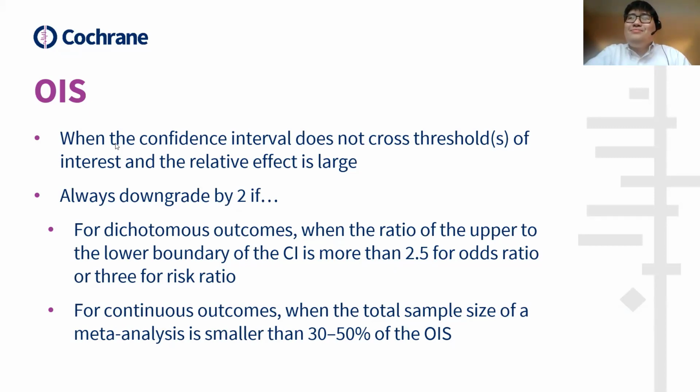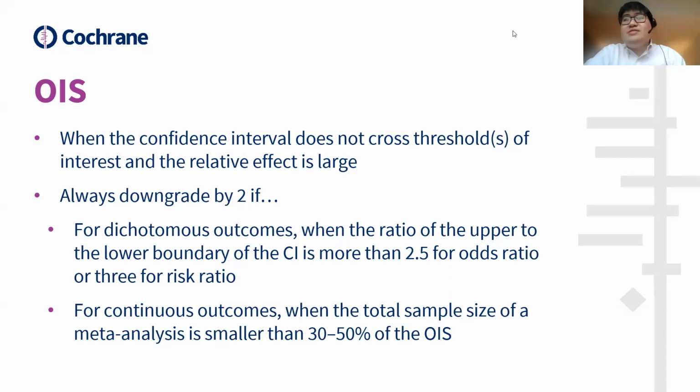But yeah, it's quite hard. And I was struggling to find an example myself from reviews where you have a large relative effect, but your confidence intervals don't cross any threshold. So I think this is why considering OIS is now reserved for very rare cases.